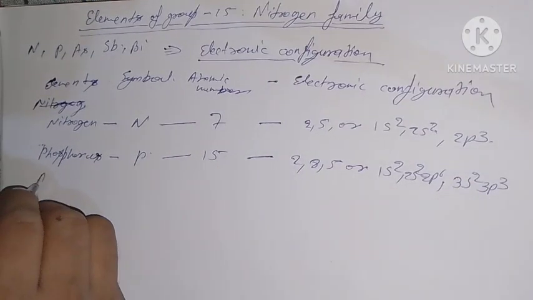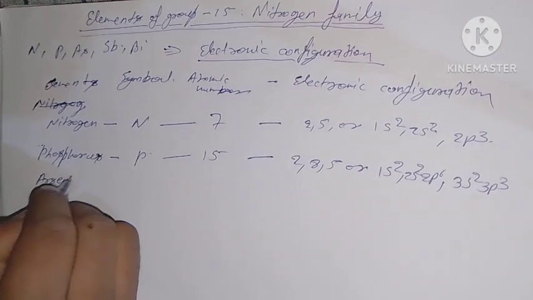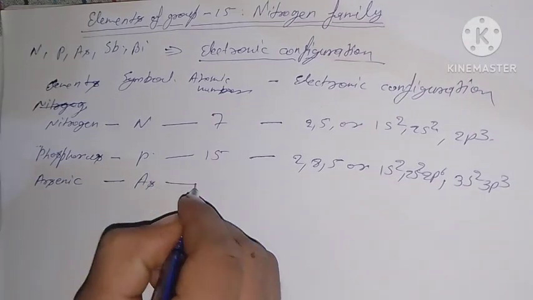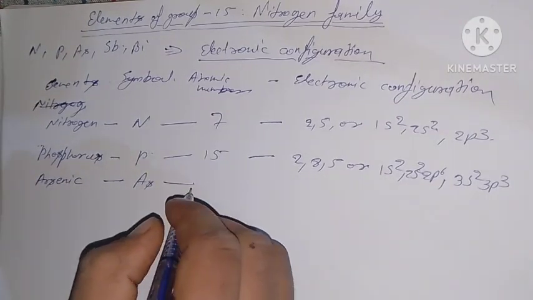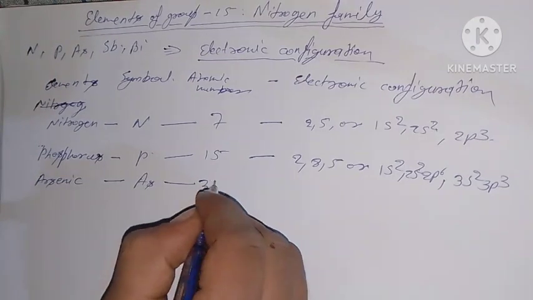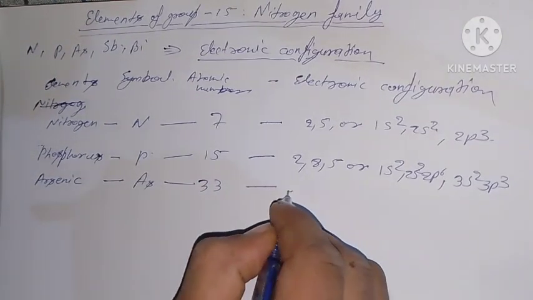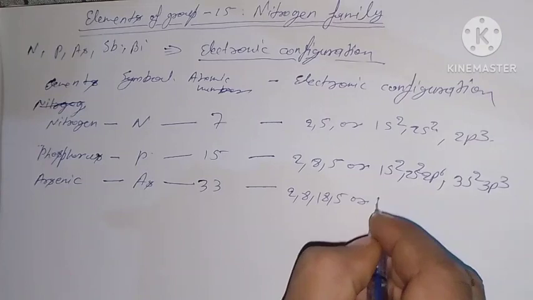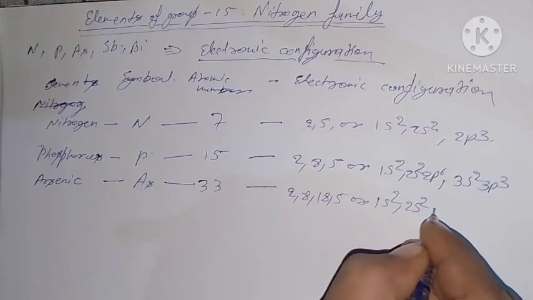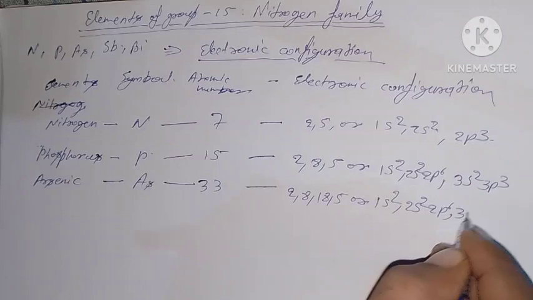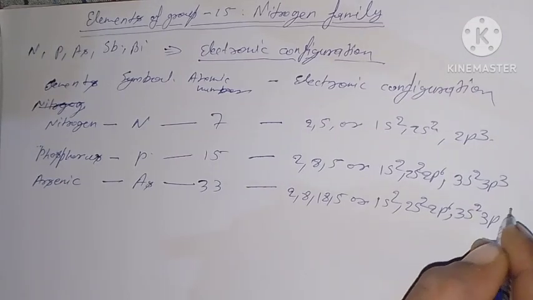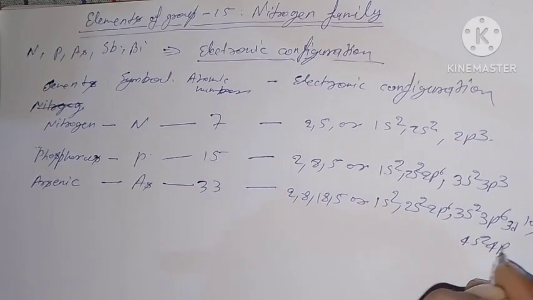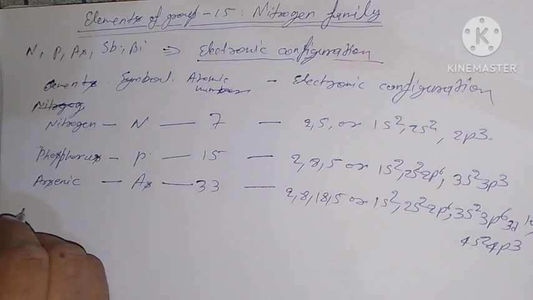Next, arsenic, atomic number 33, and electronic configuration 2, 8, 18, 5, or 1s2, 2s2, 2p6, 3s2, 3p6, 3d10, 4s2, 4p3.